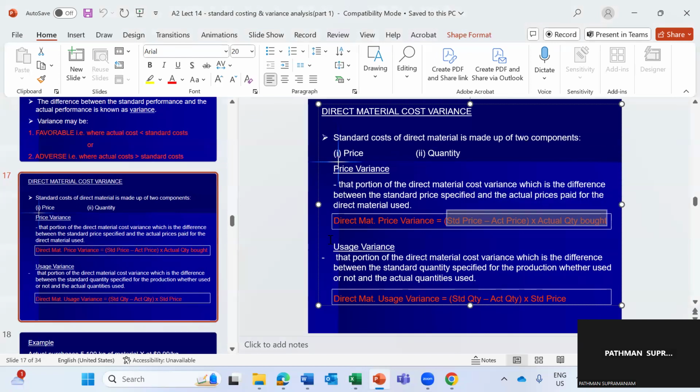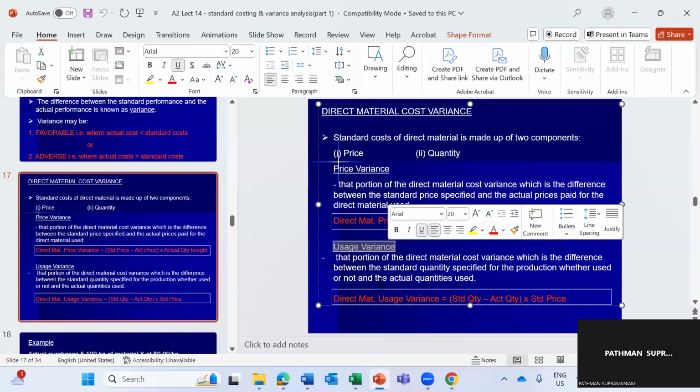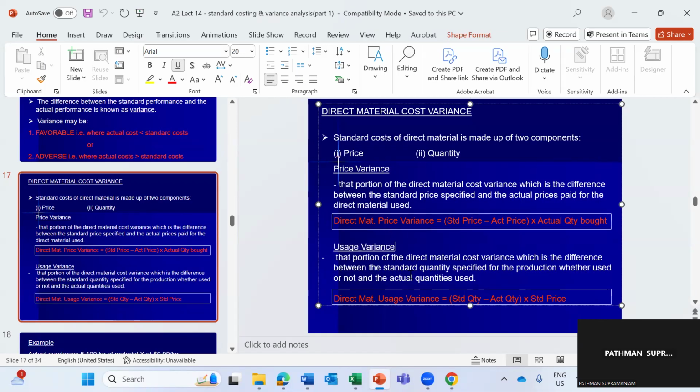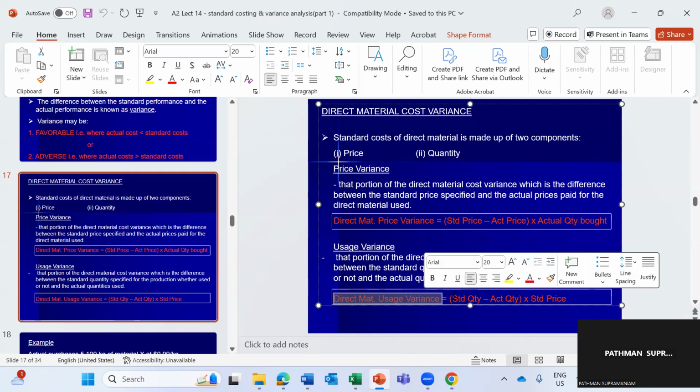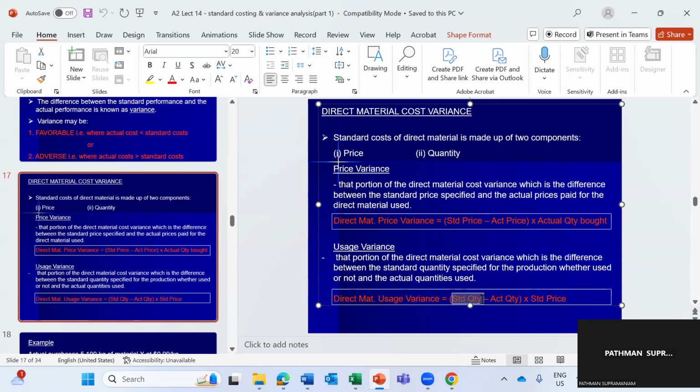Okay, so whereas the usage variance is the difference due to quantity. That means how much quantity we were supposed to be using against how much quantity that we actually used. Okay, so therefore, the formula for direct material usage variance is standard quantity minus actual quantity times standard price.